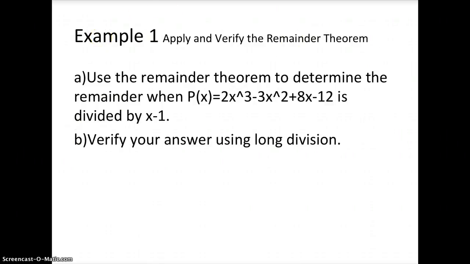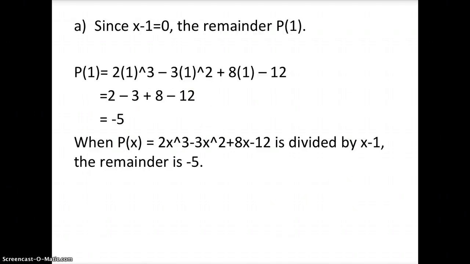Example 1. Apply and verify the remainder theorem. A: Use the remainder theorem to determine the remainder when P(x) equals 2x cubed minus 3x squared plus 8x minus 12 is divided by x minus 1. B: Verify your answer using long division. So, since x minus 1 equals 0, the remainder is P(1).